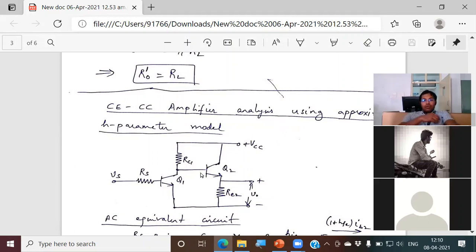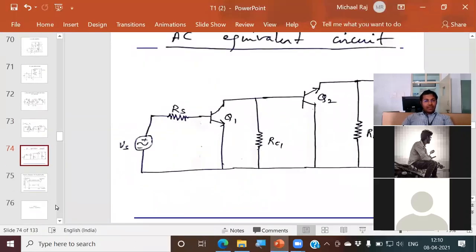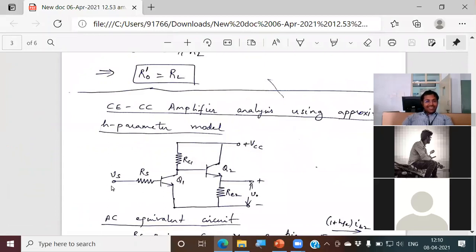So what will be the AC equivalent? I want answers. First is Vs, Rs, transistor as it is. The rules for the AC equivalent are: capacitor replaced by short circuit, VCC replaced by ground. No capacitors here, very good, no problem. Only one thing, VCC replaced by ground.